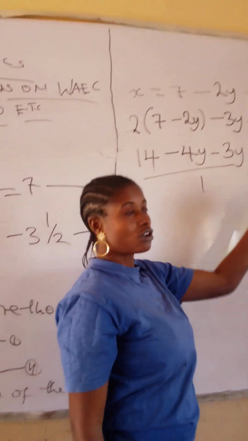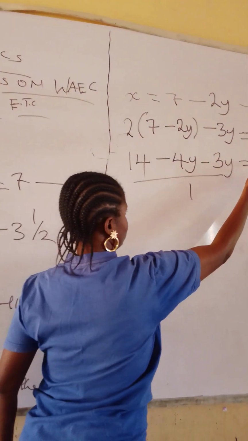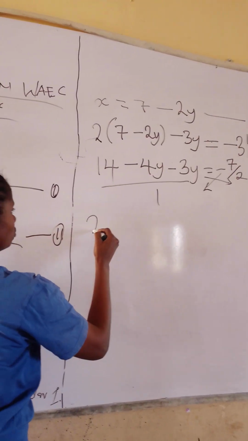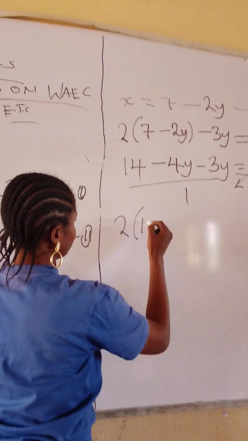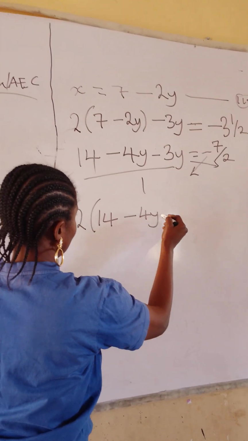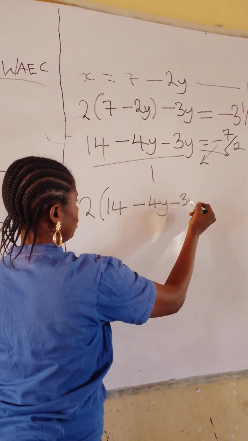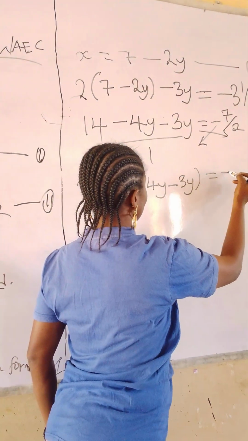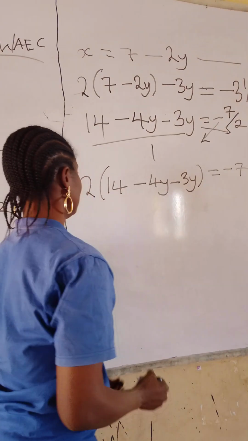From here, we cross multiply in this direction and this direction. We have 2 into the bracket of 14 minus 4y minus 3y is equal to minus 7.